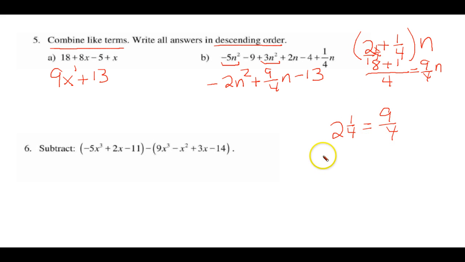And just to show you this a little bit more clearly here, 2 plus 1/4. Well, we said that the common denominator between these two would be 4. This is over 1. And we want to make 2/1 into something with a denominator of 4.